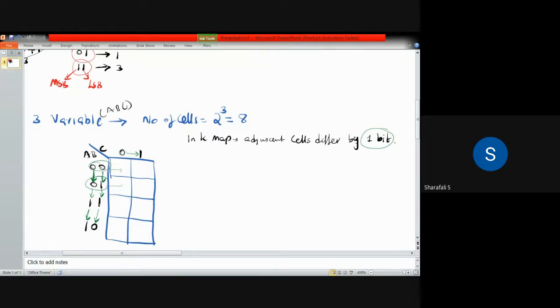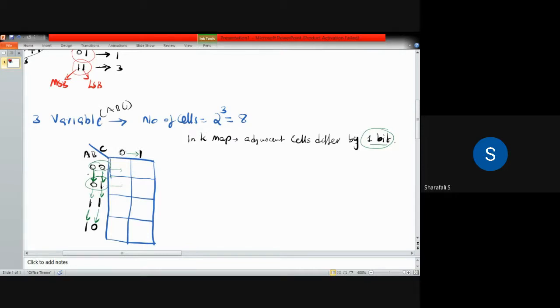So this has to be followed in all K-maps when you are drawing the K-map for simplification. First 0 0, 0 1, then 1 1 will come, then 1 0, because in a K-map, adjacent cells differ by 1 unit or 1 bit.